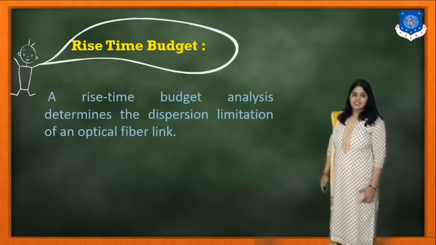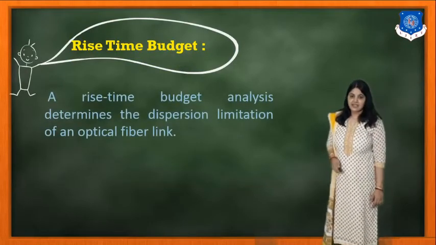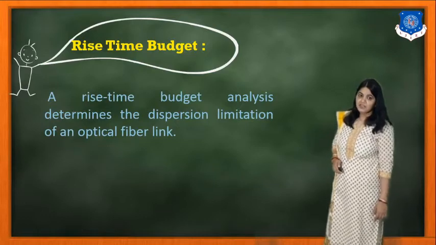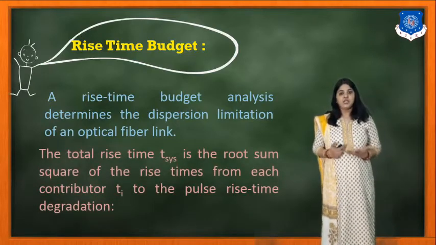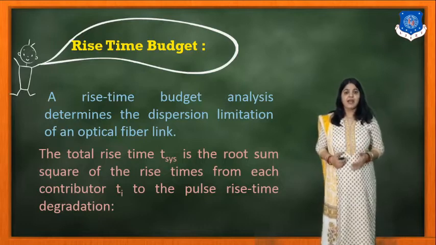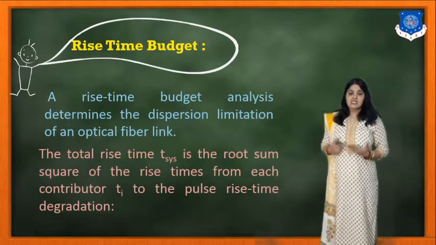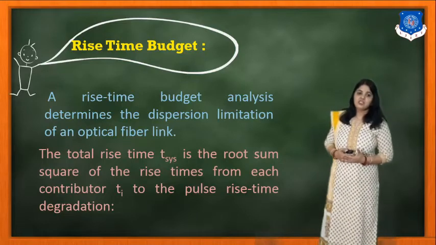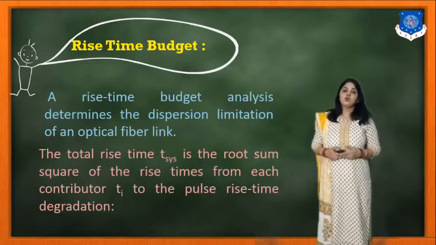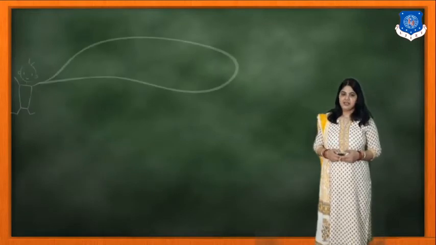So a rise time budget analysis determines the dispersion limitation of an optical fiber link. The total rise time, denoted by TSYS, is the root sum square of the rise times for each contributor Ti to the pulse rise time degradation.